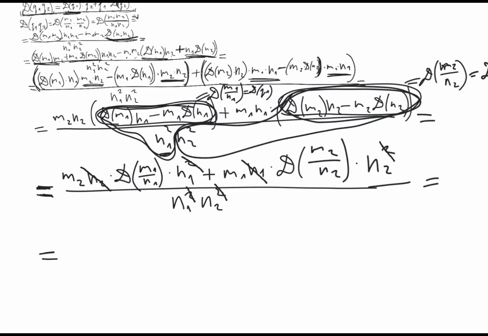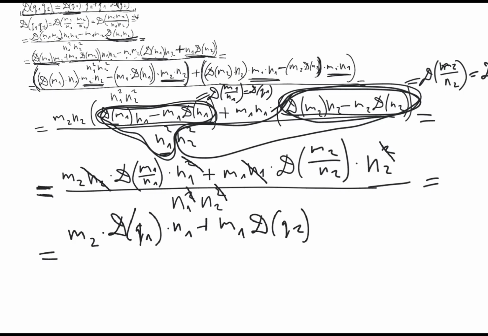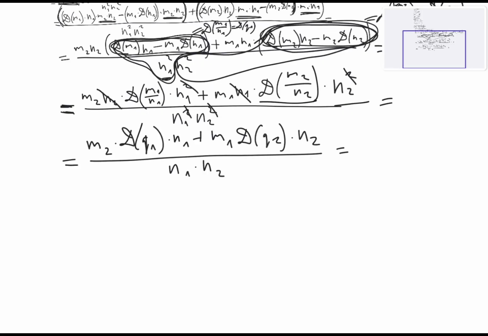We divided both numerator and denominator by n1 n2. So what remains is m2 over n2 times d of q1, this is d of q1 basically, by n1 plus m1 d of q2, this is d of q2, multiplied by n2, this is all divided by n1 n2.